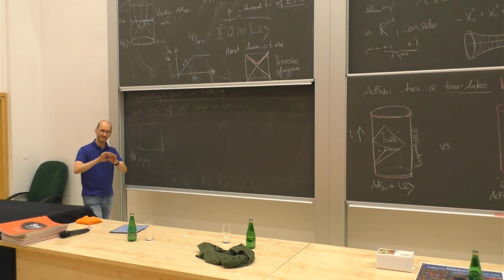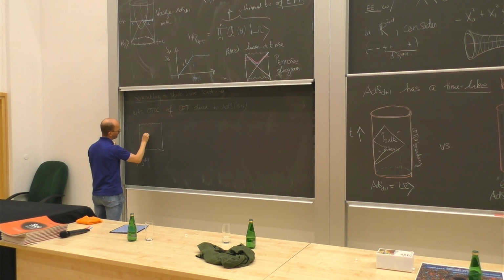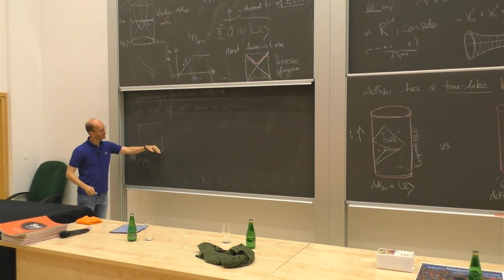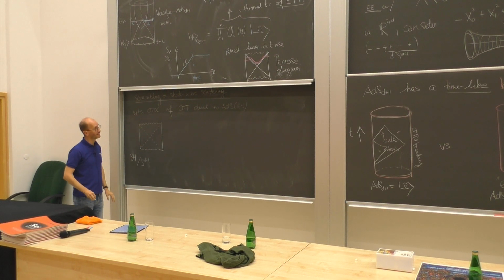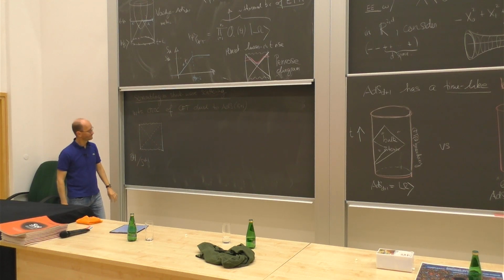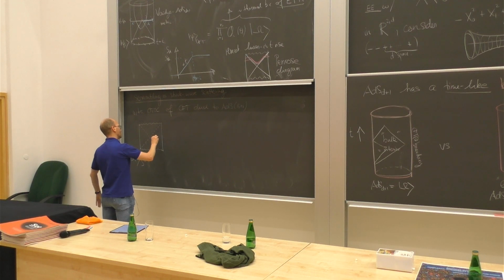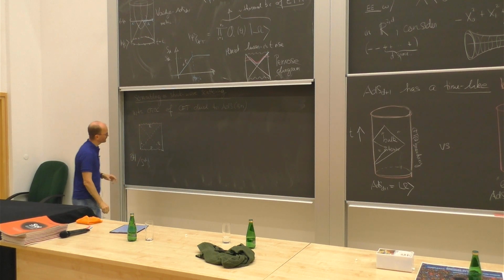Every point here really corresponds to a (D-1)-sphere. Moreover, this diagram has a property that light rays always go at 45-degree angles, either this way or that way. The particular light sheets that are traced out if I go from corner to corner is what I call the black hole horizon. Then you have the right exterior, the left exterior, the interior, and the past interior of the black hole.